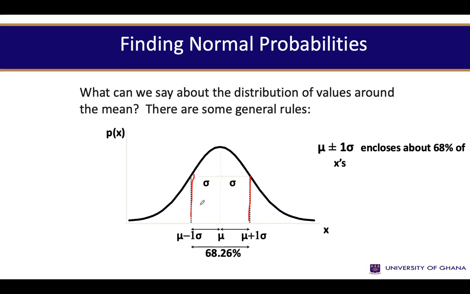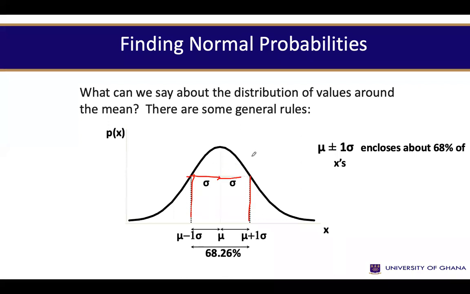We have a lot of people in this situation. Now, if you move one standard deviation to the left of the mean, and then you move one standard deviation to the right of the mean, that boundary, this point, you realize that I have moved one standard deviation to the left of the mean, and I've also moved one standard deviation to the right of the mean.